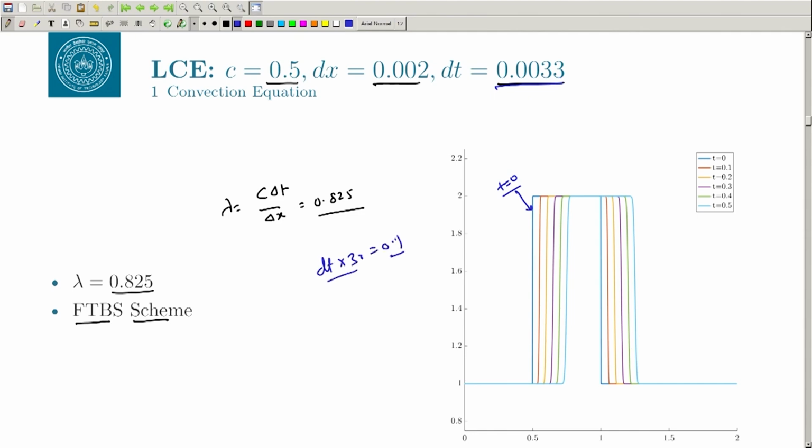This is not every time step, but every 30th time step that I am showing in the plot. You can see the grid size is very fine, 0.002. So, if your x max is equal to 2, I am using nx equal to 1001. It is a very fine grid.